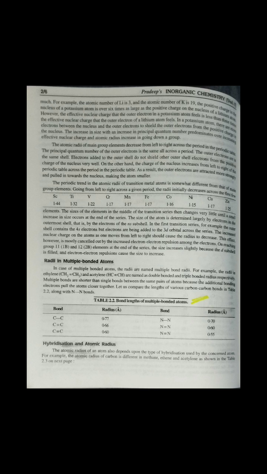However, the effective nuclear charge that the outer electron in a potassium atom feels is less than 3 times the effective nuclear charge that the outer electron of a lithium atom feels. In a potassium atom, there are more electrons between the nucleus and the outermost electron to shield the outer electron from the positive charge in the nucleus.